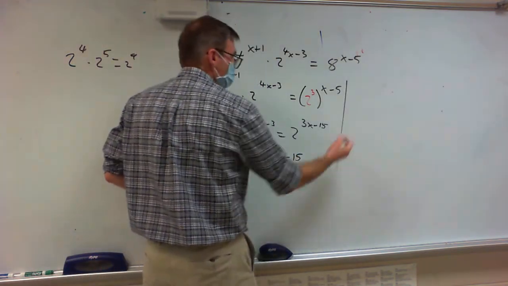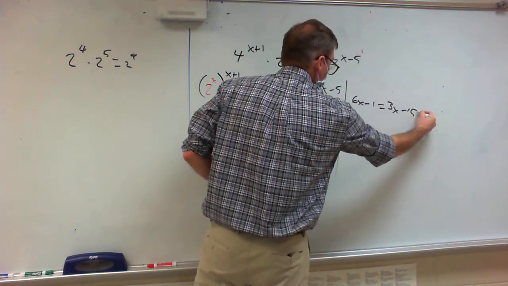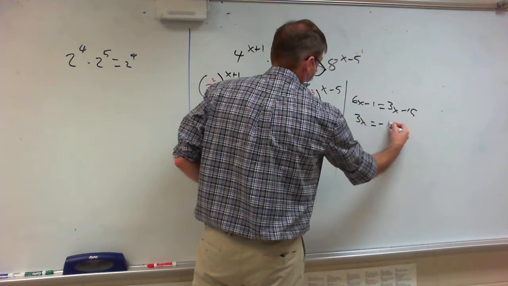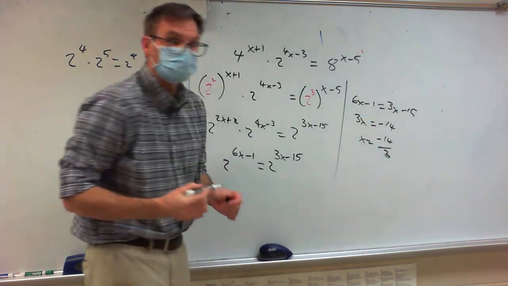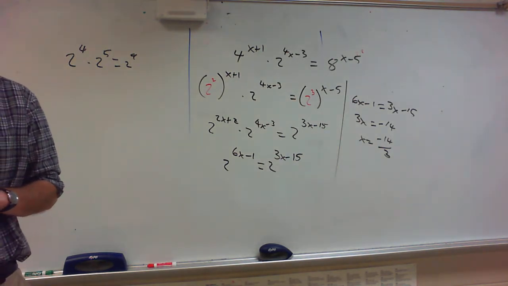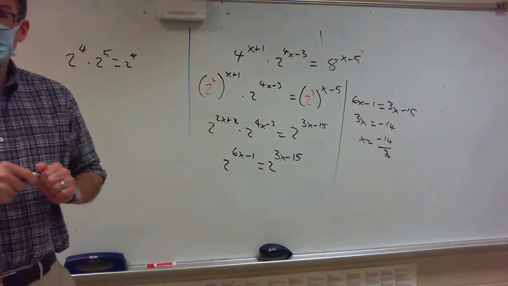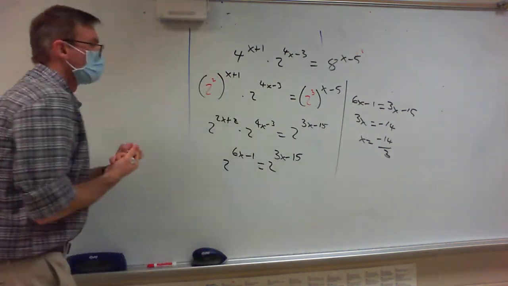My pretty basic algebra problem is 6x minus 1 is equal to 3x minus 15. So I end up with 3x equals negative 14. X equals negative 14 over 3. Hopefully I did that right. Does that make sense? All right. Well, your turn.